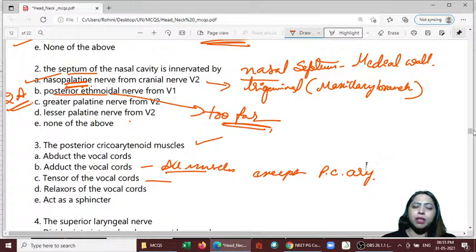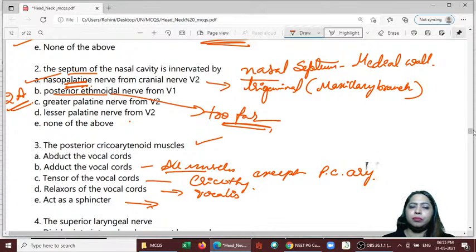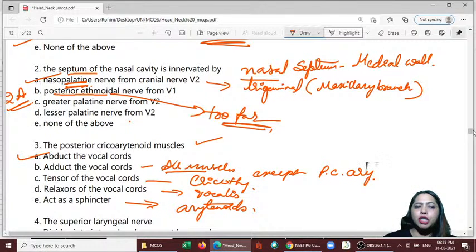Which one is a tensor? Cricothyroid. So this one will do abduction of the vocal cord.